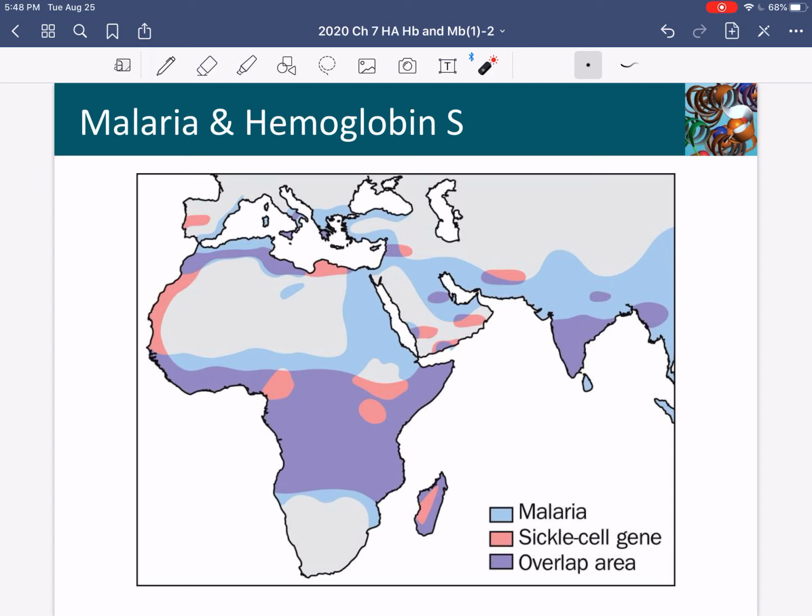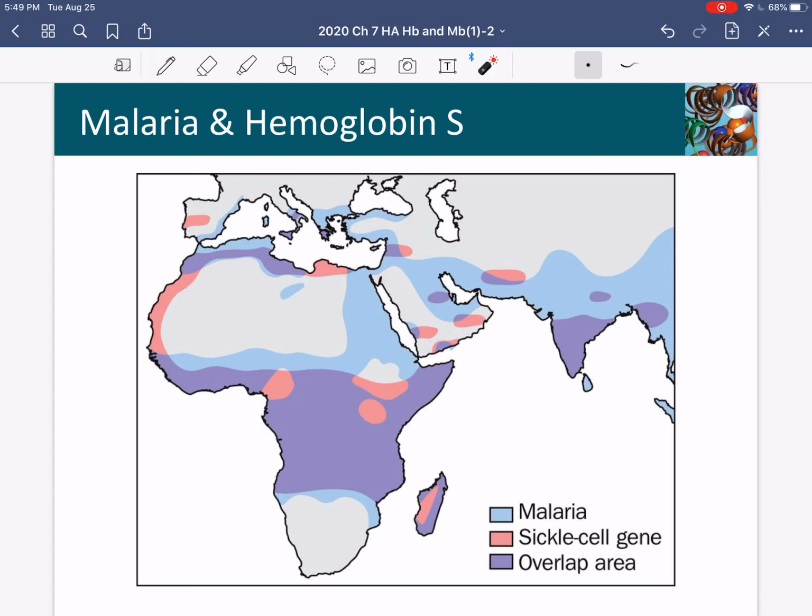So they have fewer crises, but they actually survive malaria because the malaria parasite infects the red blood cells and will be filtered out by the spleen, and this allows families that have this inherited trait to survive. So the sickle cell trait was actually selected for in order to protect the population from malaria.